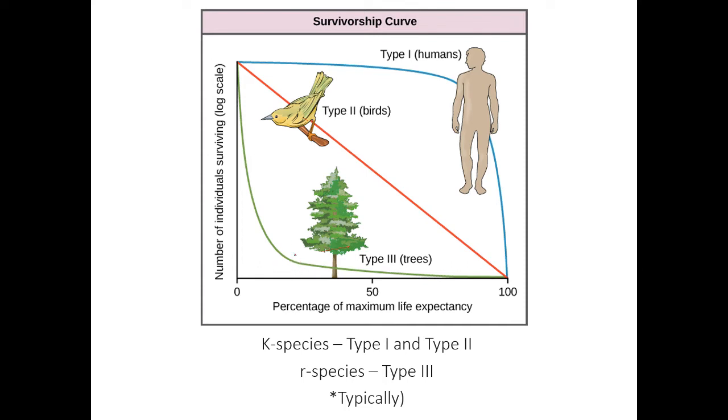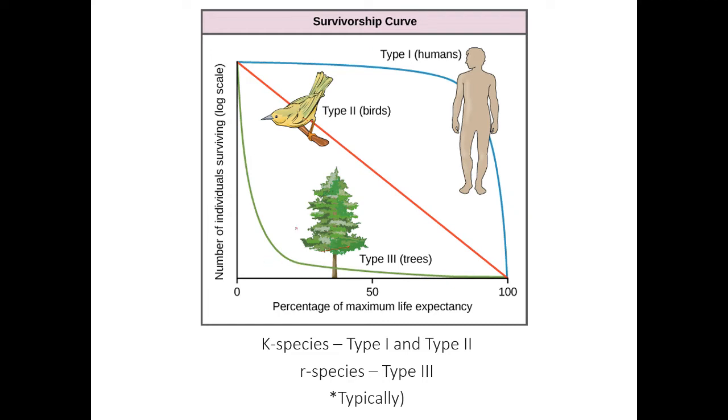So while there might be, say, 1,000 trees that start from seedlings and sprout, after about 25% of the expectancy, like 90% of those will have not made it. But the ones that have made it to that point are very likely to continue to live to the maximum expectancy.